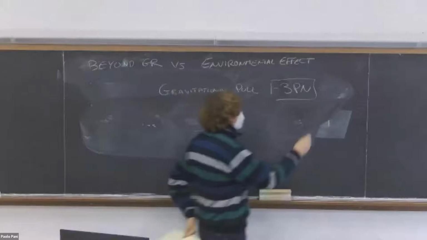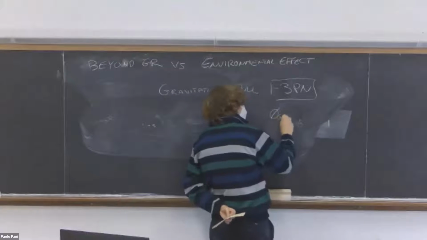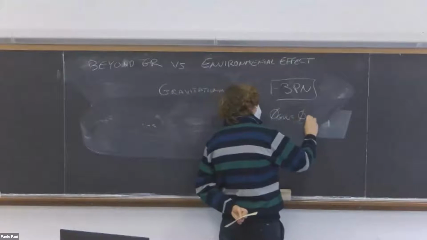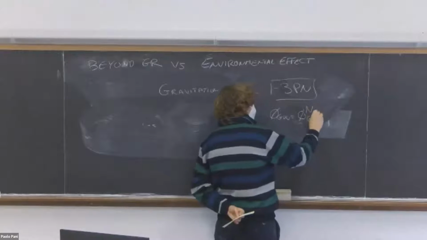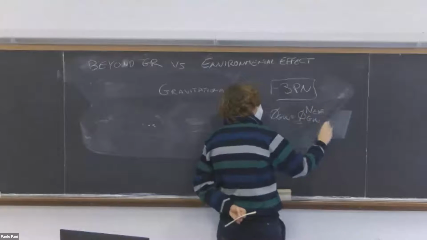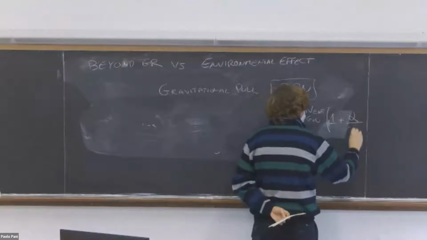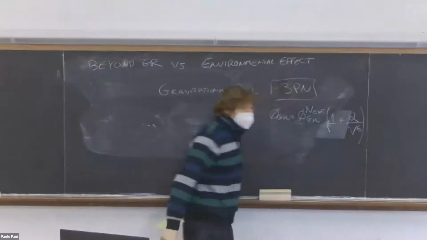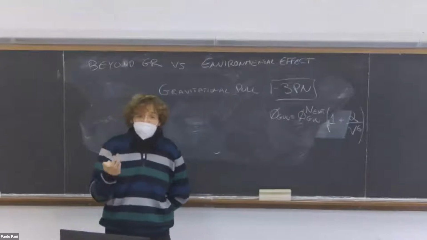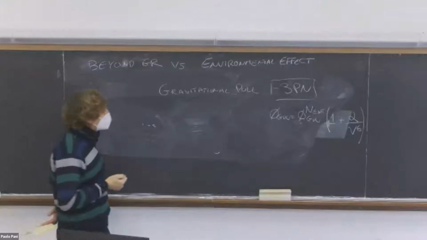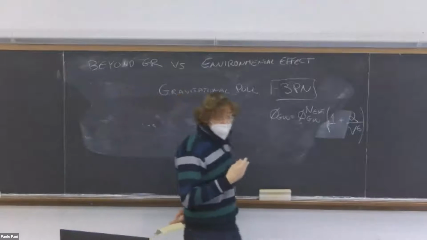So we have a term that goes like the gravitational wave phase at Hamiltonian order, 1 plus some coefficient divided by v to the 6. So it's an effect, again, that is very important in the early inspiral when the velocities are very small.